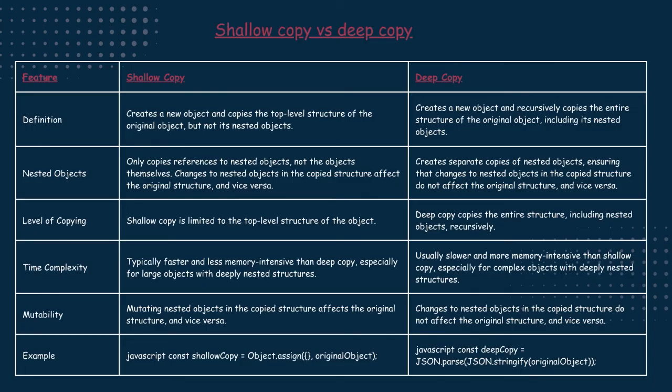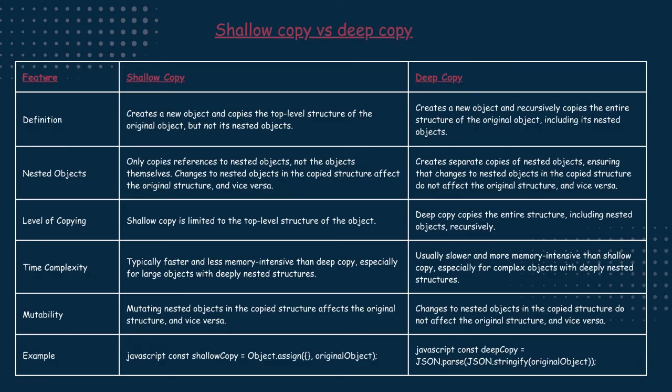Okay, so when we use a spread operator, is it shallow copy or deep copy? Shallow copy. Okay, are you sure? Yeah, the spread operator and Object.assign come under shallow copy, and JSON parse and JSON stringify come under deep copy.